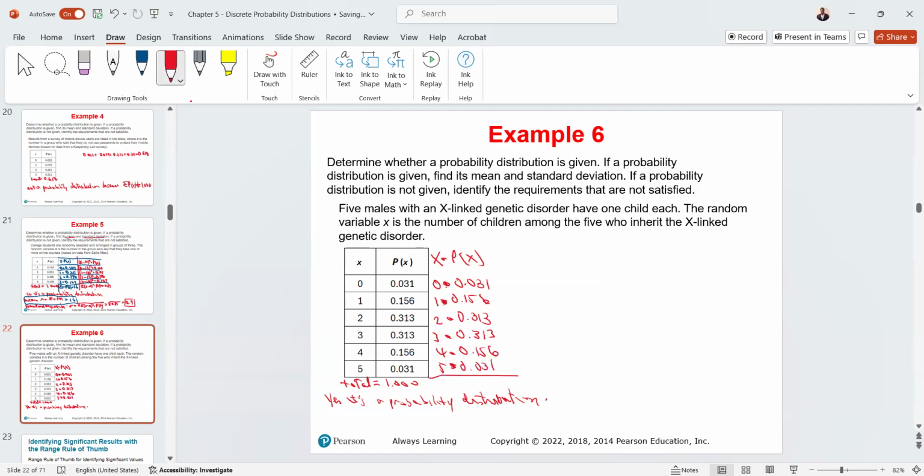So when we put the total together for this, the total of x times p of x equals 2.5.